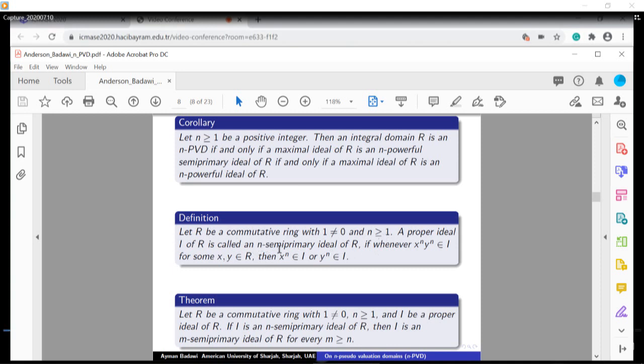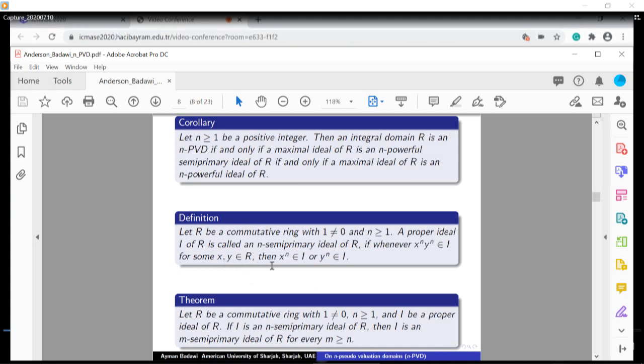Then an ideal I is n semi-primary if whenever you have x to the n, y to the n in I for some x, y in R, then x to the n is in I or y to the n is in I. Somebody might tell me, well, you gave this definition earlier. No, the definition I gave you for n powerful had x and y chosen from K, the quotient field of the integral domain R. But here I'm choosing x and y from the same ring, okay?